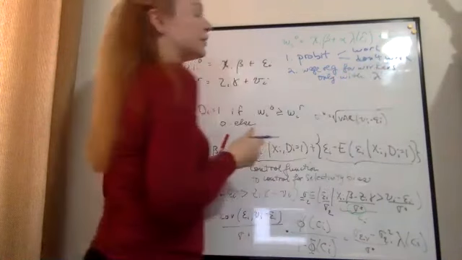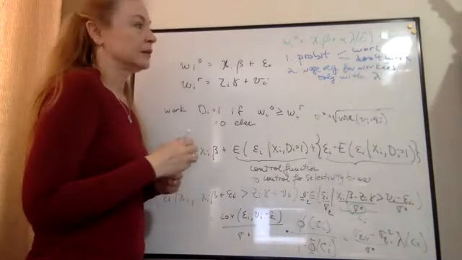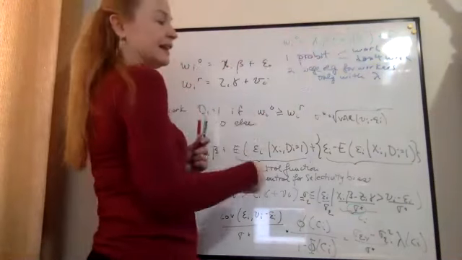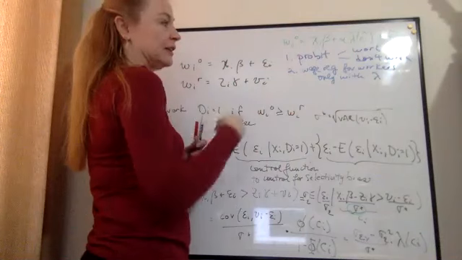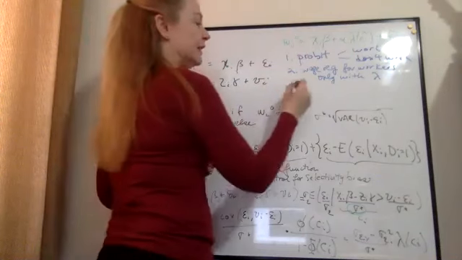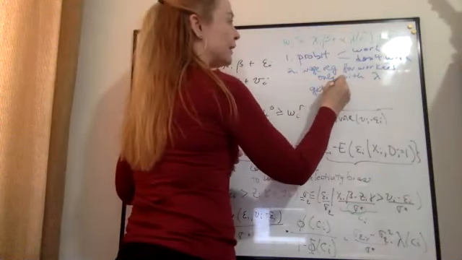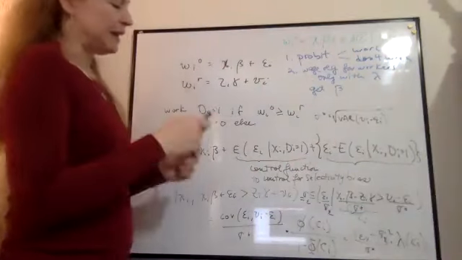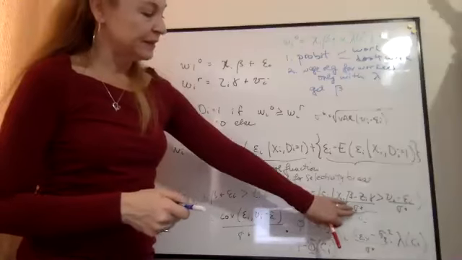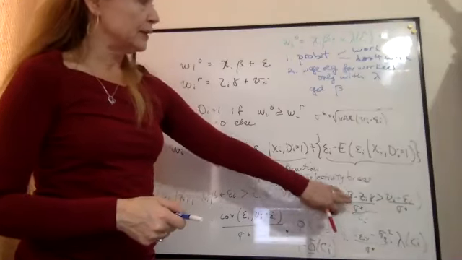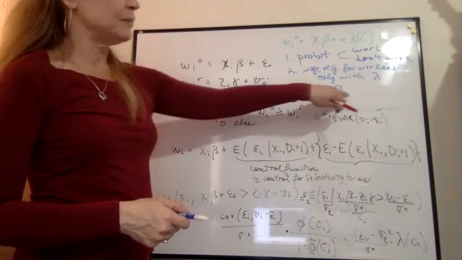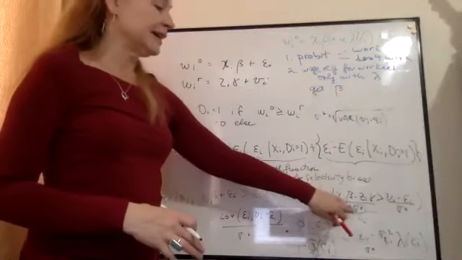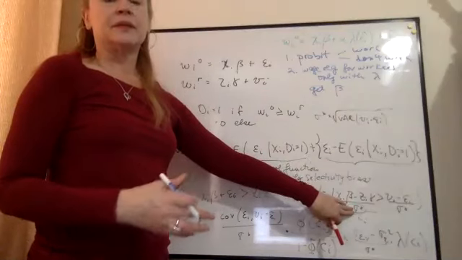The lambda function is the control function. So from step one, I have the ingredients to get CI, then I can form the control function. Then I do my wage regression, and from that I can get beta by itself. From the probit model, I get beta divided by sigma star, but from the wage regression, I get beta by itself. Then I can go back to the probit model, and then I get sigma star, okay?